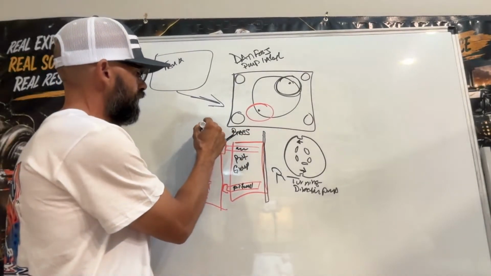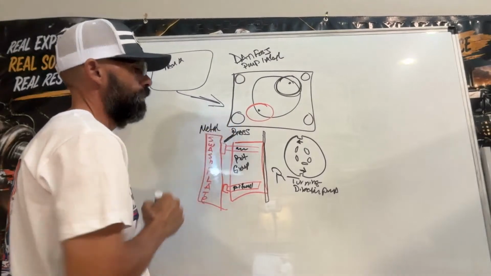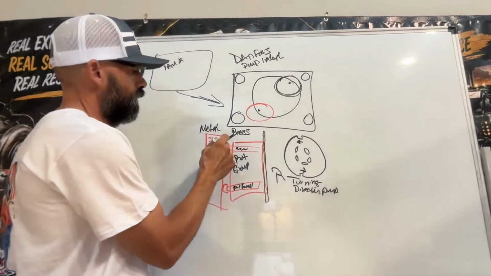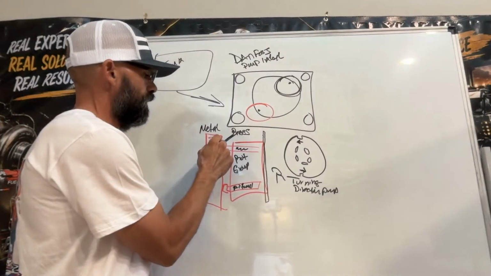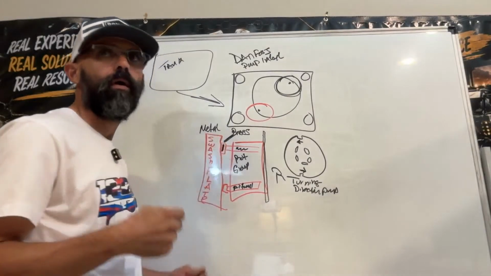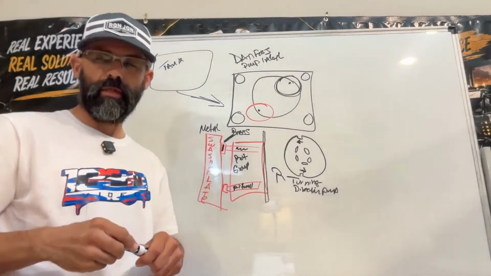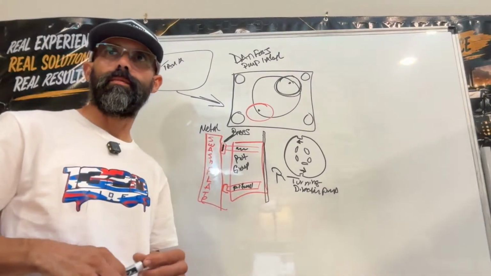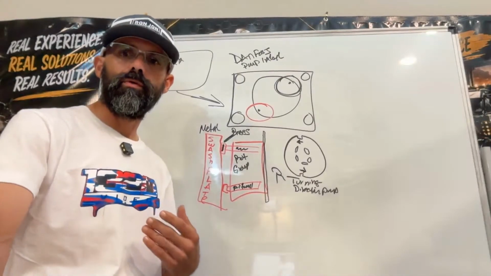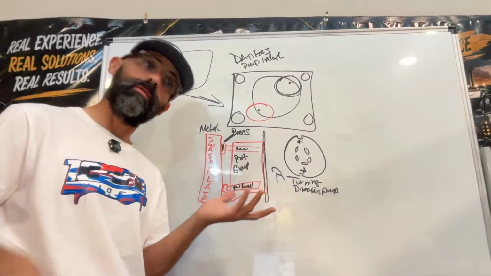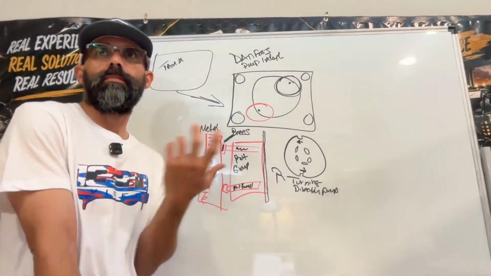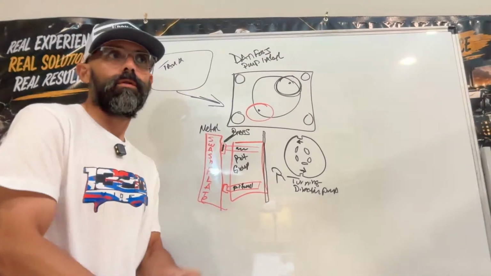Swash plate, metal, right? The only thing that is brass is the head of the slipper or the piston. You can call it piston, you can call it slippers, whatever term helps you remember. If you want to be technical, call them slippers.